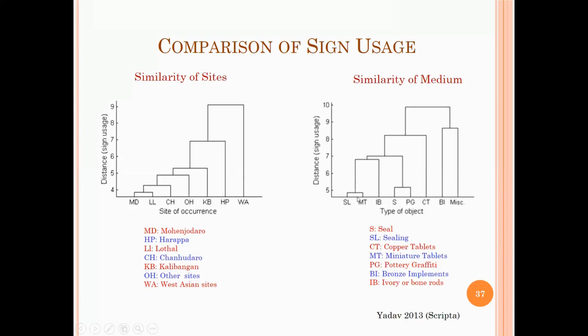Sealings and miniature tablets seem to have a closer association in terms of sign usage. Seals were found to be close to the pottery graffiti in terms of sign usage, and this is interesting as some of the precursors of the Indus writing can be found in the pottery graffiti, as shown by the work of Professor Kenoyer and others.